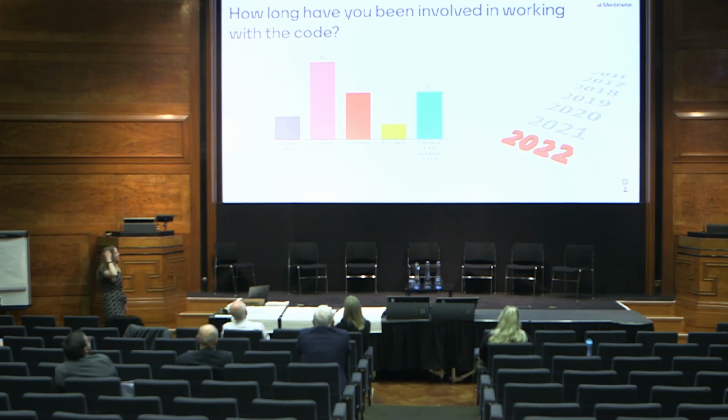That's fantastic. I can see the votes are still coming through. Is yours working now, Robin? Excellent. That's great to see. So the vast majority of people have worked with the code for the last 3 to 5 years, but actually still some who've been here a long time and some who are quite new to it. So that's a really nice range of people. Great, we'll move on to the next one, please.